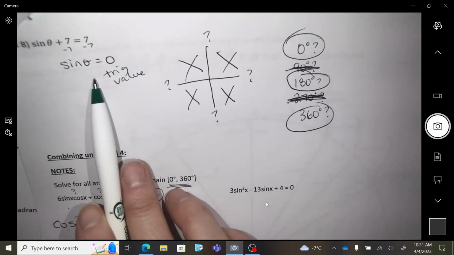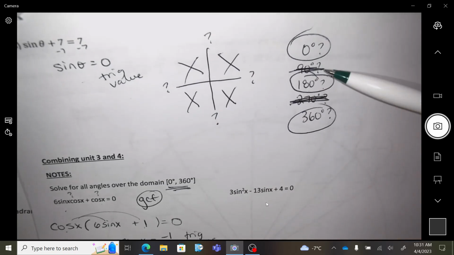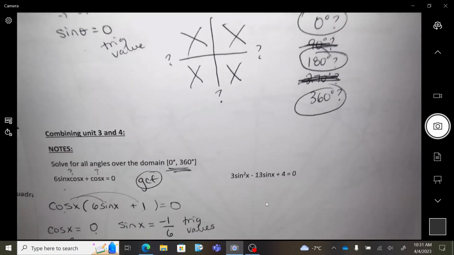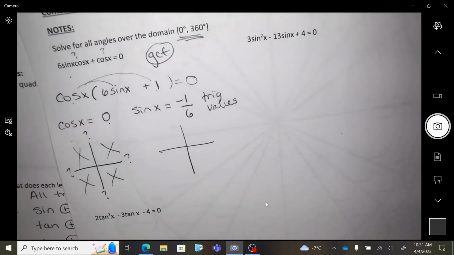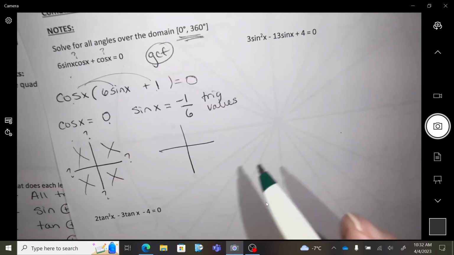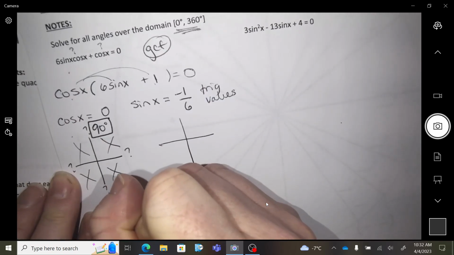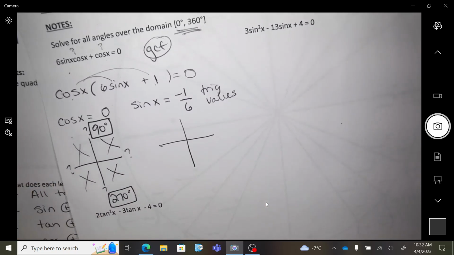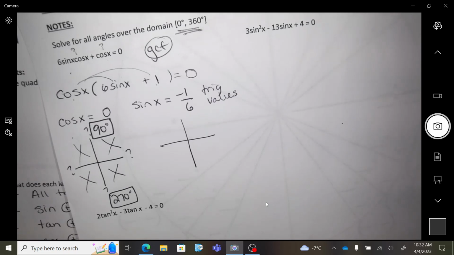Where was sine 0? Those ones. So where do you think cos would be 0? Other ones. The 90 and 270 ones, yeah. And we can try it, because that's what I would be doing. I would test it out. The cos of 90, yep, that's a 0. So 90 degrees and 270 degrees would be answers. So if you're not in a quadrant, you have to be on one of those 5 answers.